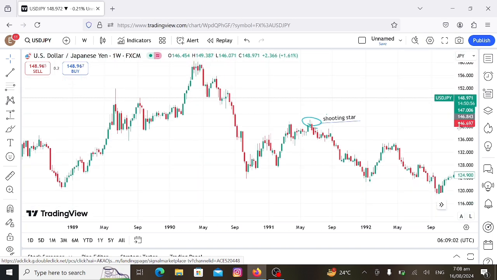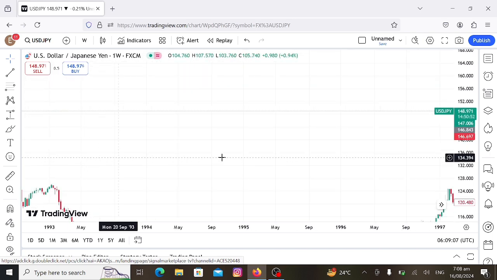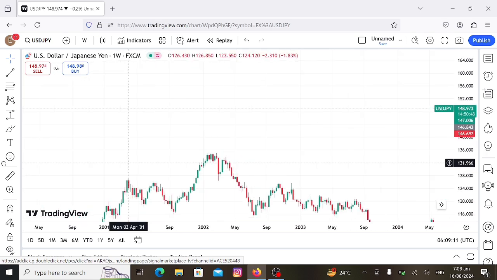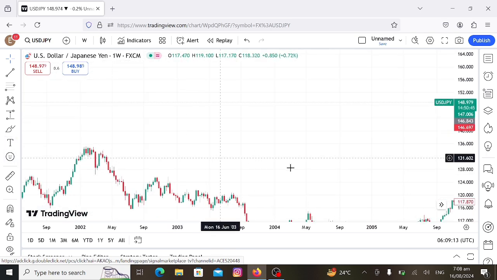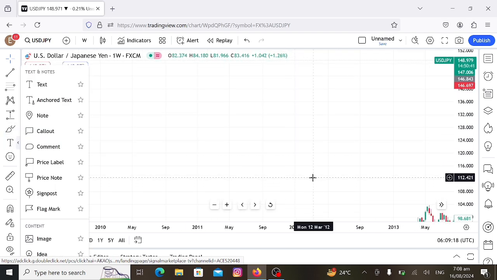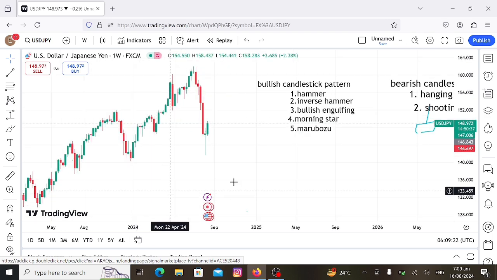Yeah, the next video is going to talk about the remaining three. Two are for bearish as well, while the other one is for continuation.